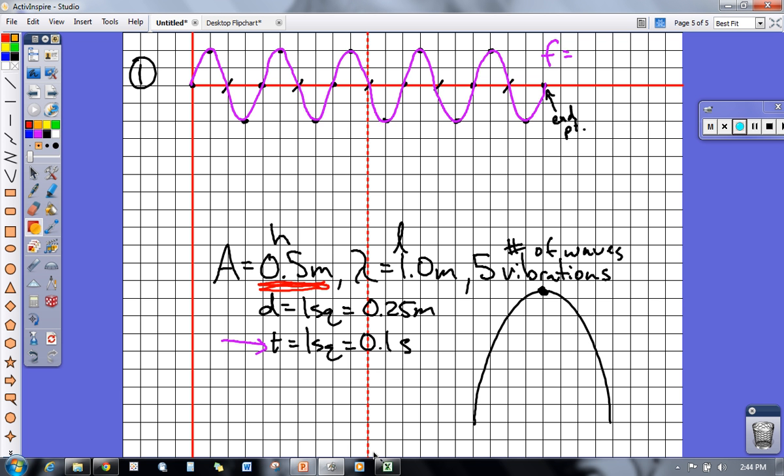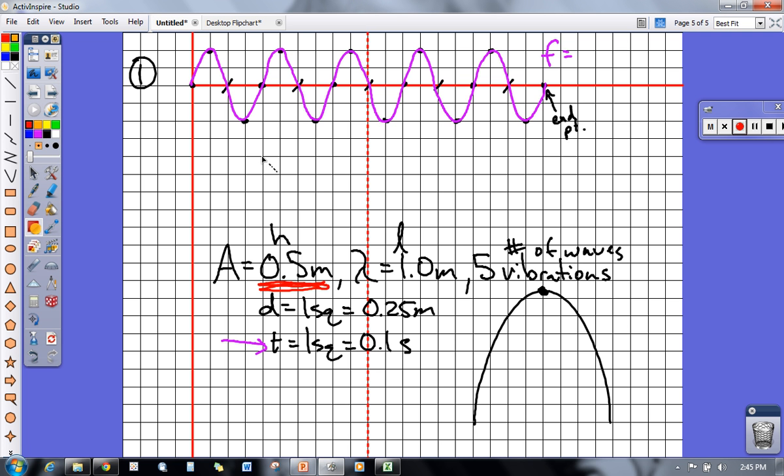Okay, now that we have our 1 second mark, we said to find our frequency, we are going to add up our crests and troughs in a 1 second area and divide by 2.